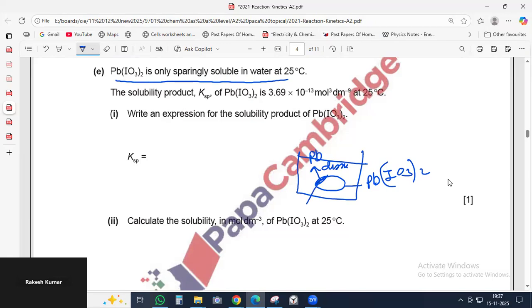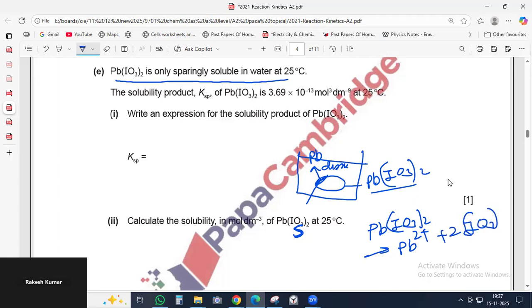So let us say S part dissolved. It will ionize immediately after it dissolves. That's why it dissolves. So Pb(IO3)2 will dissolve and give you ions.